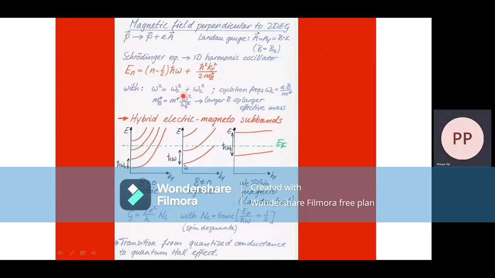So this magnetic field induced motion of electrons adds an energy scale to the harmonic oscillator, right? And makes the energy levels spaced by a larger distance, and so eventually, if you keep increasing the magnetic field further and further, you can even cross over to the quantum Hall regime, or the plateaus turn into the states of the quantum Hall regime, right?